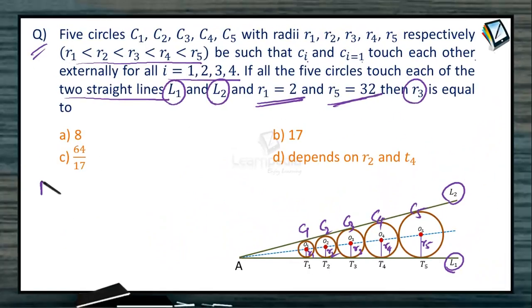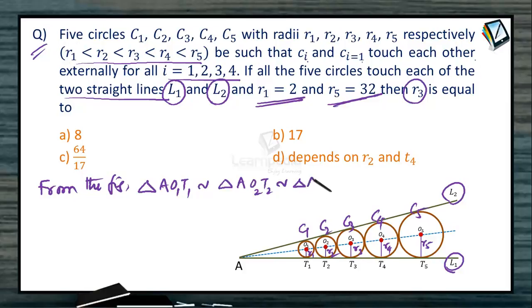Now from the figure, take triangle AO1T1, which is similar to triangle AO2T2, which is similar to triangle AO3T3, which is similar to triangle AO4T4, which is similar to triangle AO5T5.